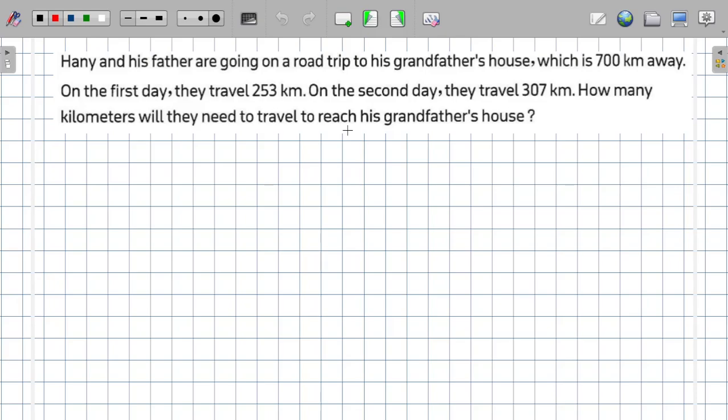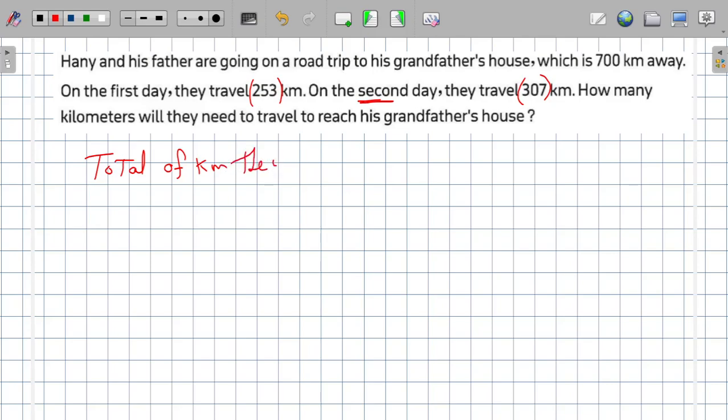Okay, so first I want to know how many kilometers they traveled. Here on the first day they traveled 253 kilometers. On the second day they traveled 307 kilometers.